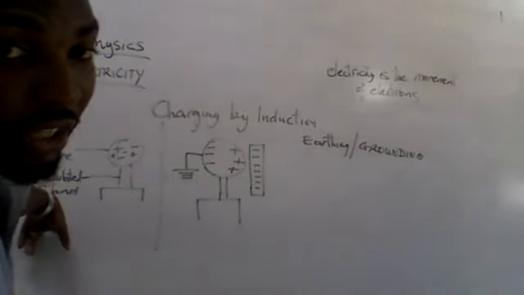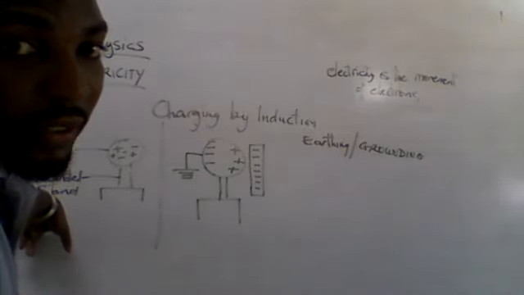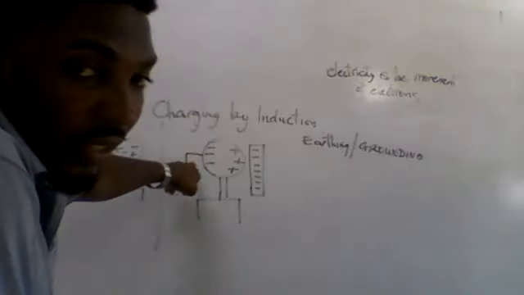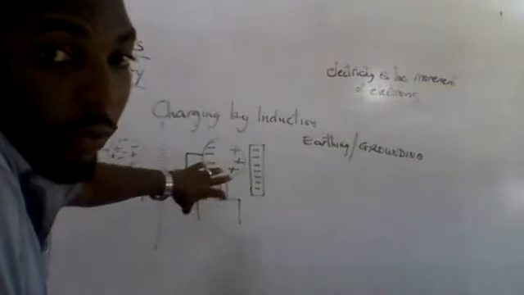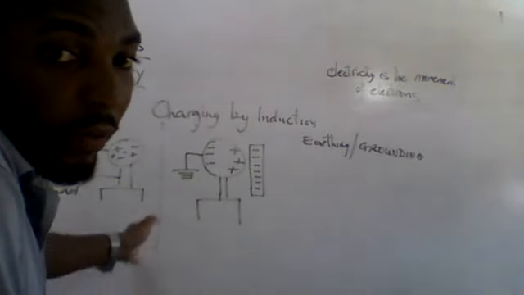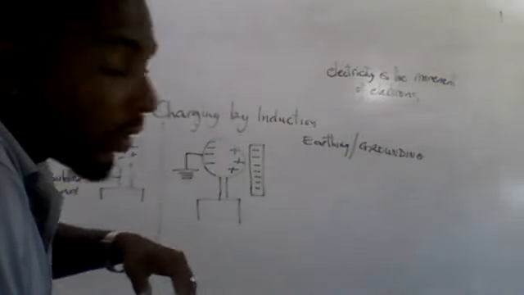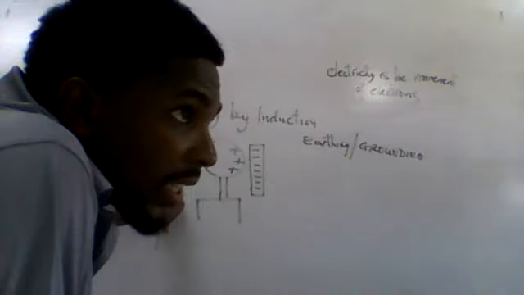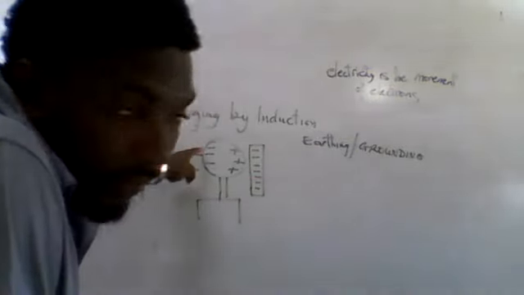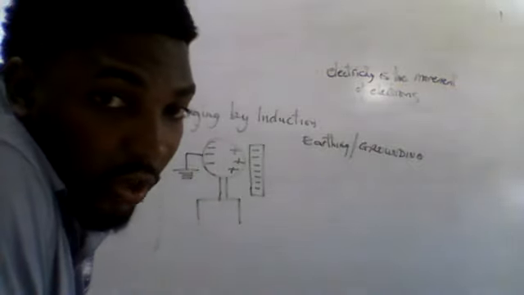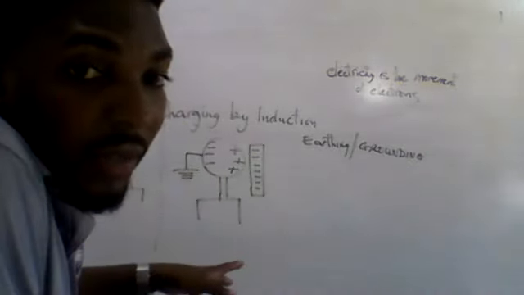Insulated meaning that it doesn't allow charges to pass through it. Good? So in this case, we are allowing an avenue in which charge can flow, either from the object to Earth or from Earth back to the object. Right. So now, we're going to earth it, whether we touch it with our finger, so that the charge can flow through your body towards Earth, or we touch it with some other material.